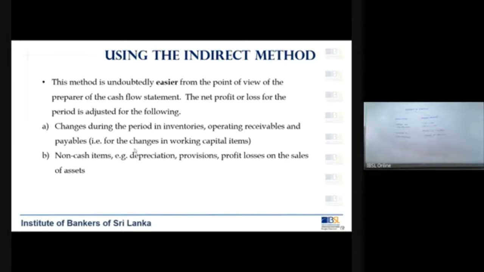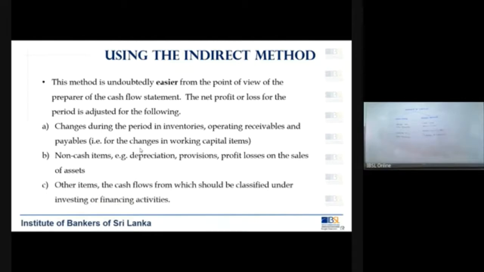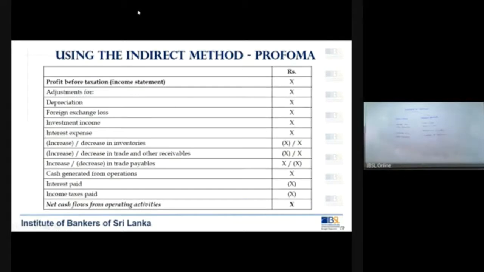When you realize profit or loss from the sale of assets, because what you have received is the sale proceeds, not the profit or loss. And thirdly, all other items, the cash flows from which should be classified under investing or financing activity. Okay. So let us try to understand these three elements that we spoke about just now.